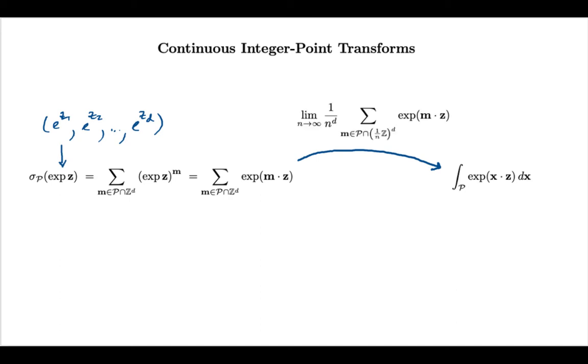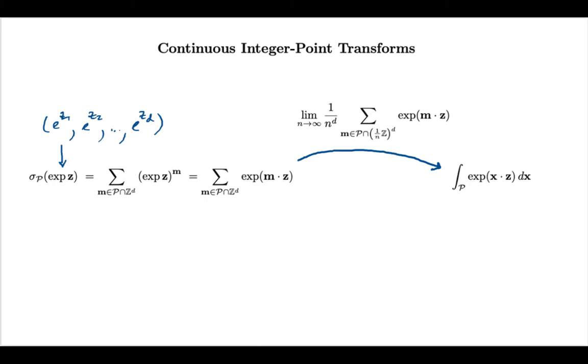So we can go from the discrete integer point transform to the continuous version by refining the lattice. Instead of summing over all integer points in P, I'm summing over all fractional points with denominator n, and then together with the correct normalizing factor, I let then n go to infinity, and this gives me the integral.